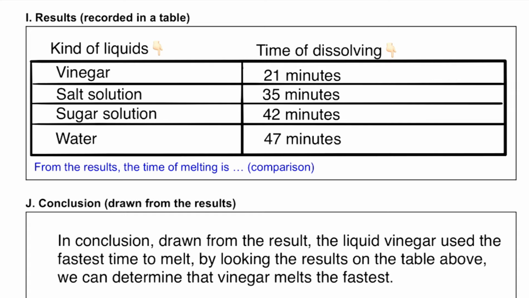Last of all, water used 47 minutes. So, in conclusion, drawn from the results, the liquid vinegar used the fastest time to melt. By looking at the result in the table above, we can determine that vinegar melts the fastest.